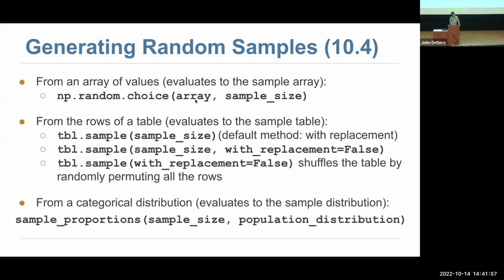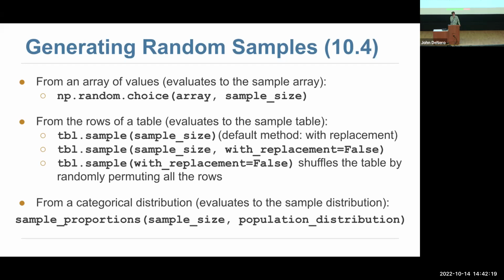We used this in the previous example to say heads or tails is our array. np.random.choice gave us flips of a coin, 200 flips of a coin. But this one only works if the outcomes have equal probability, like rolling a fair die, flipping a fair coin, that kind of thing.